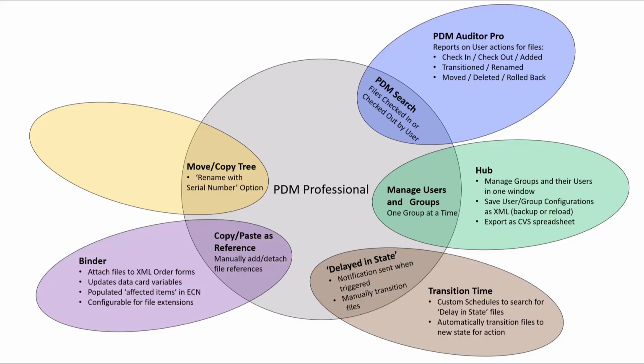There is a function called rename with serial number out of move copy tree in PDM, but you probably don't want to move the files and you don't probably need to copy them either. So that is a limitation. With the serial number rename tool, you can use a simple right click to rename a bunch of legacy files using serial numbers. I see this as a really good upgrade tool or a migration tool into PDM Pro.